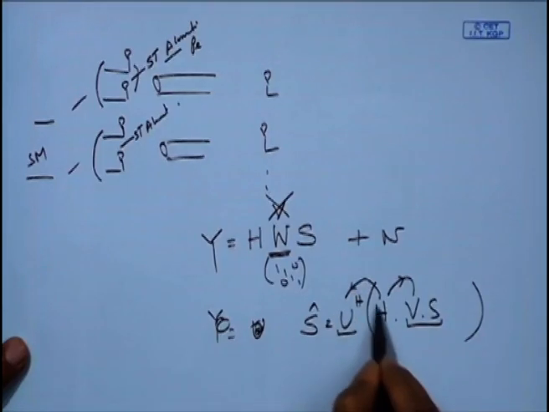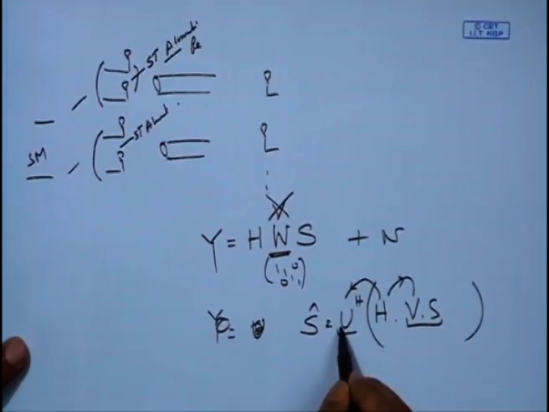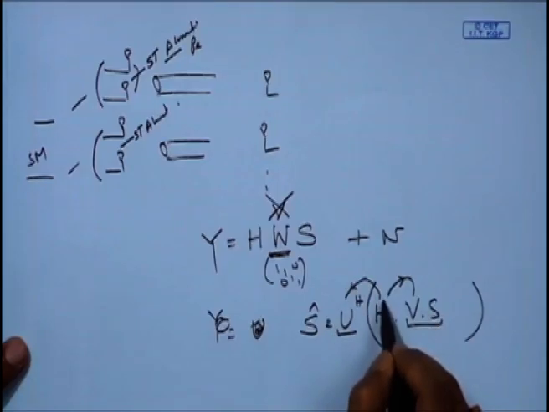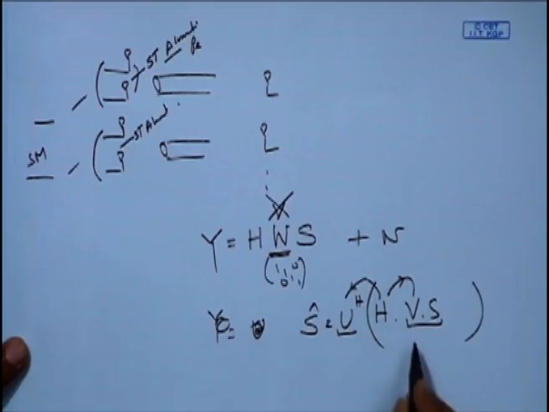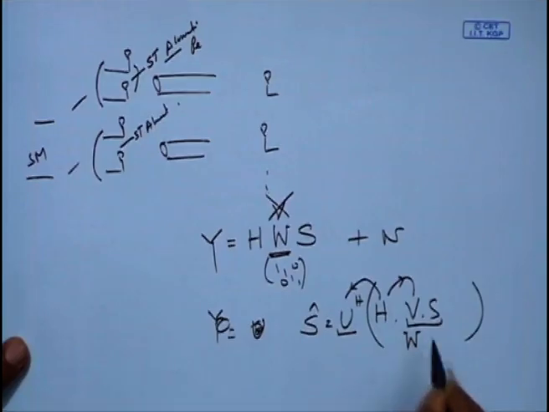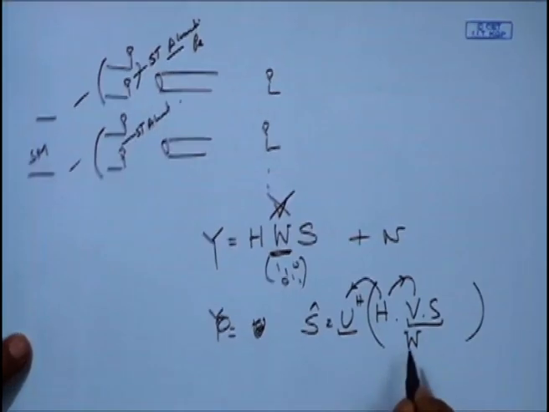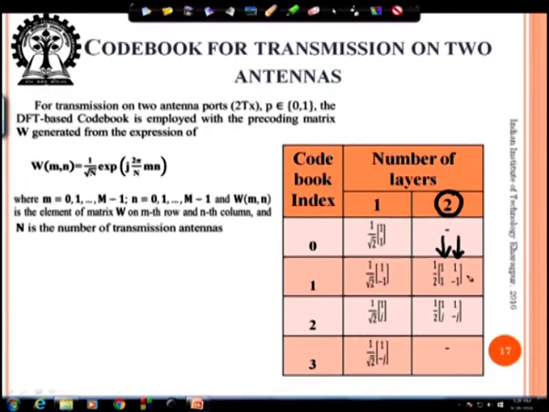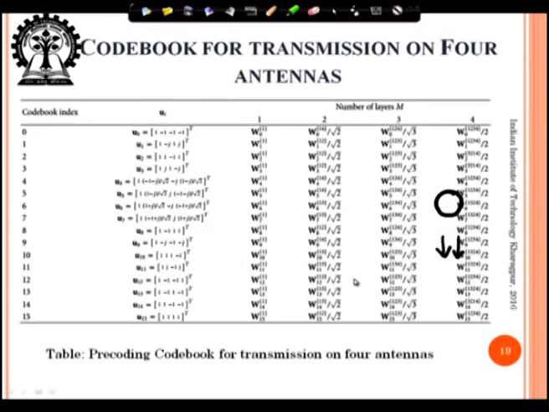So, this is not a problem because the receiver knows H, so it can estimate, whereas this is a problem because V has to be fed to the transmitter. Now, if I use W, and W is a whole set of matrices, this particular situation tells us that there are a whole lot of W's available.